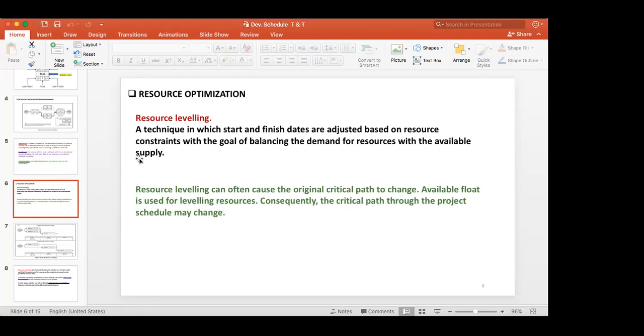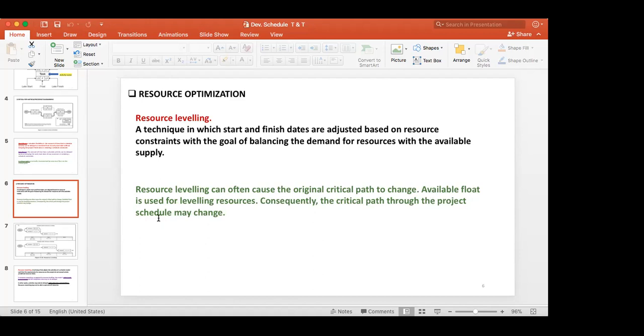So you have to think of all these resource constraints, with the goal of balancing the demand for resources with the available supply. Resource leveling can often cause the original critical path to change, because we are adjusting the network.